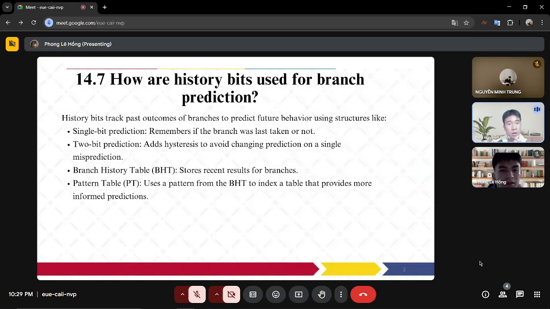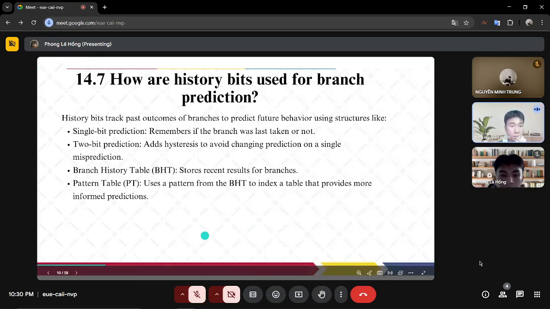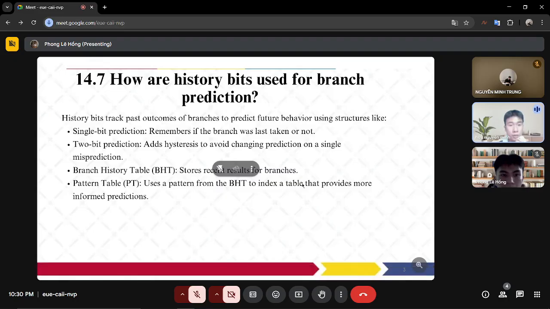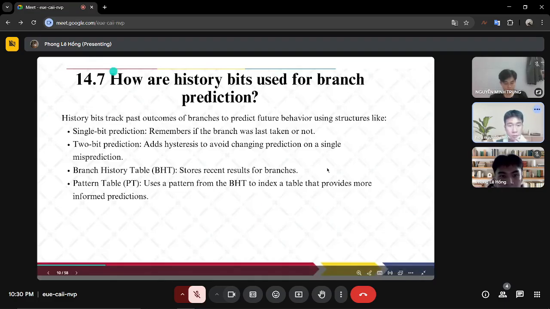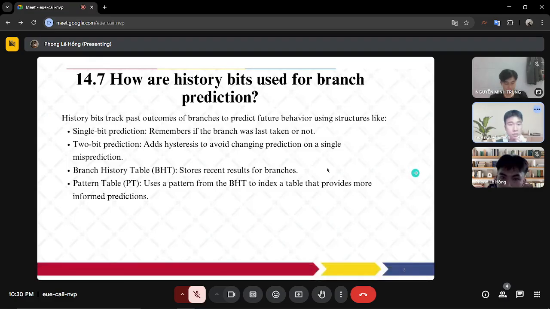14.7. How does a history based scheme work for branch prediction? History based schemes track past outcomes of the branch to predict future behavior using a pipeline. 1. Using a bit prediction: remember if the branch was last taken or not. 2. 2-bit prediction: use history to avoid changing prediction after a single misprediction.